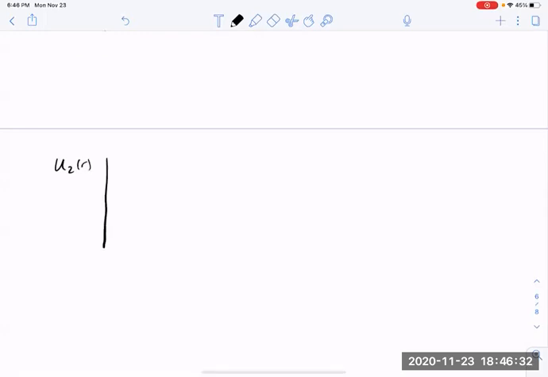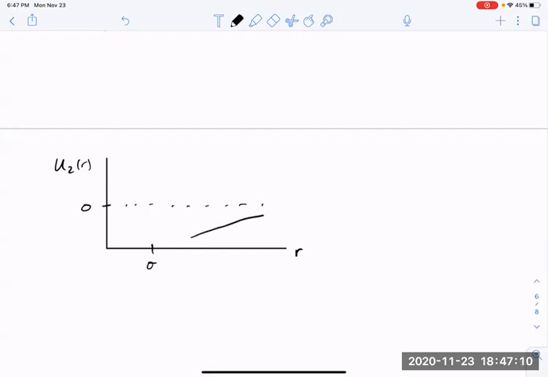So what might a potential for two argon atoms look like? Well, at distances smaller than their diameters, those particles, argon atoms, are going to exclude volume. So that potential should rise up. At large distances, how do argon atoms interact? Through attractive dispersive interactions.